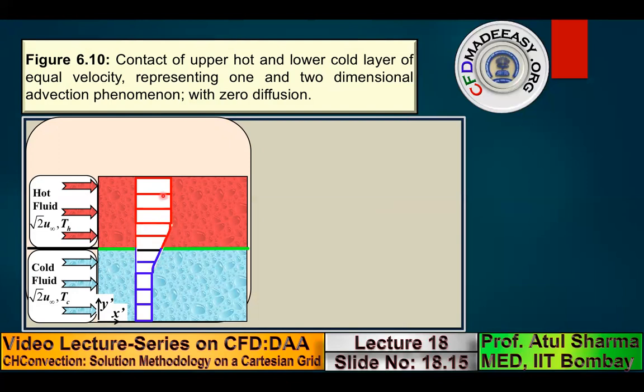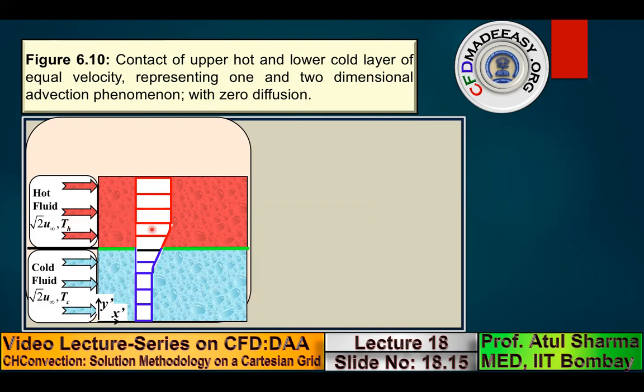Above this, the temperature is constant, a larger value. Below this, the temperature is a smaller, constant value. But there is a region in which there is a gradient of temperature. This is the more frequently observed case. But for pure advection, as I mentioned earlier, the fluid is moving with extremely large velocities.